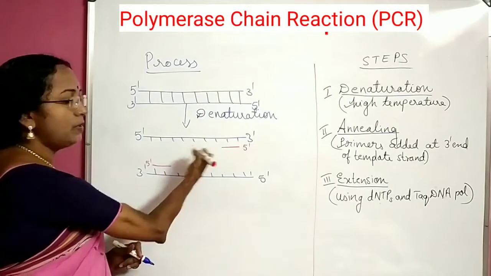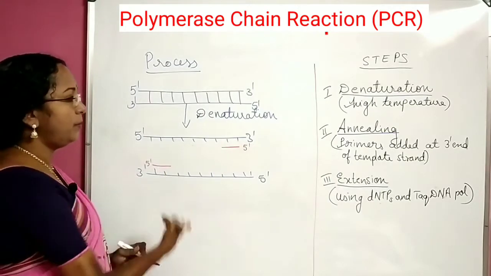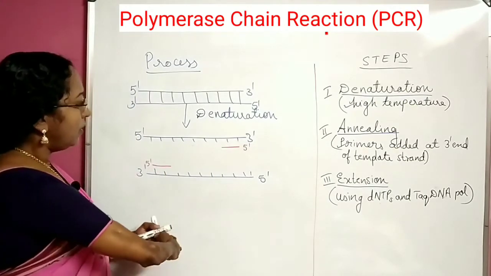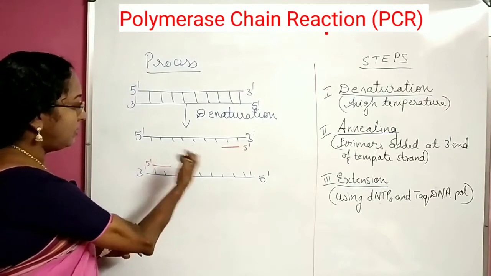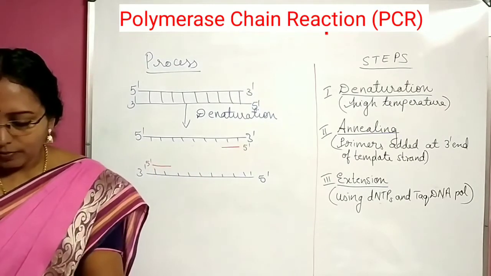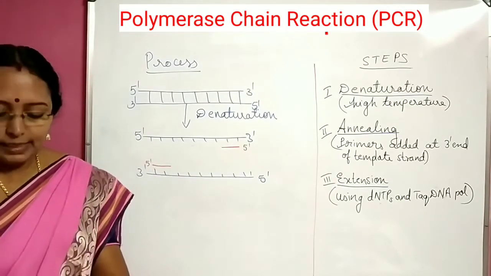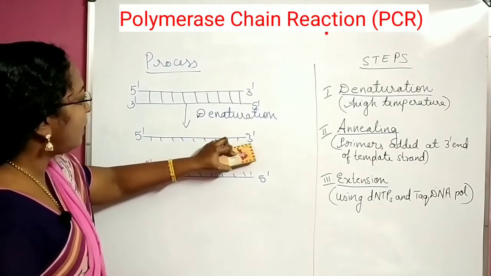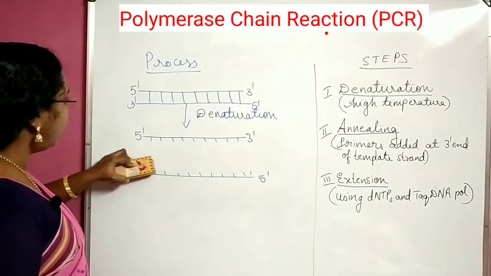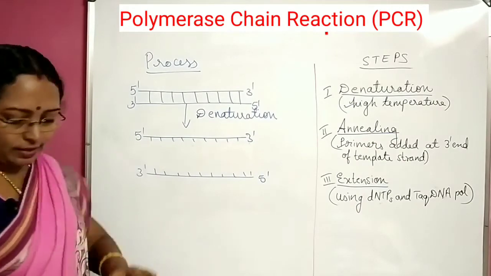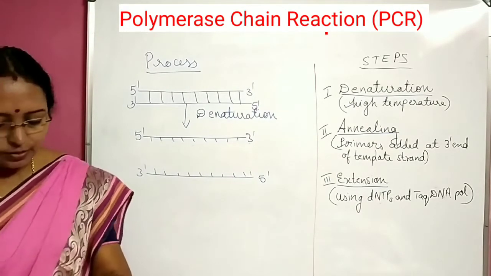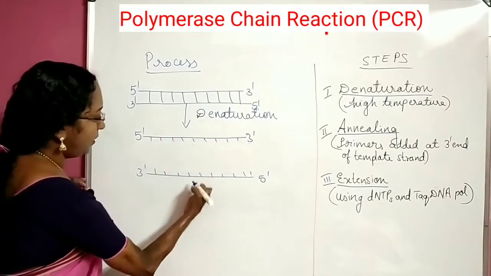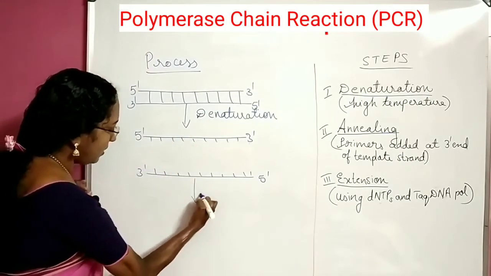So for that, primer is added as a starting point. When the primer is added, that step is called annealing. For clarity, I'll draw it once again and make it clear for you. This is after denaturation, it looks like this.